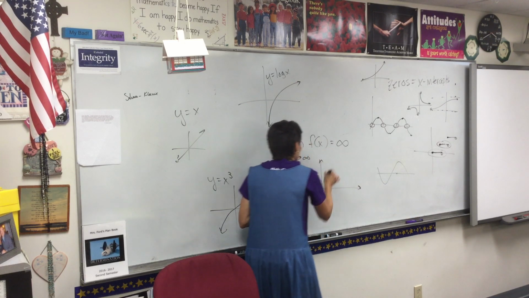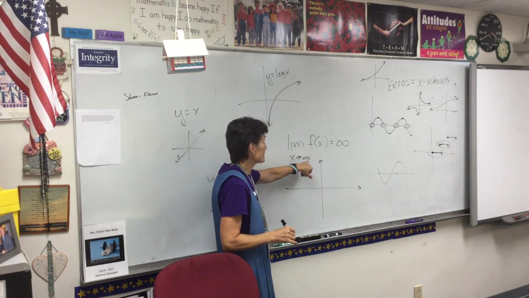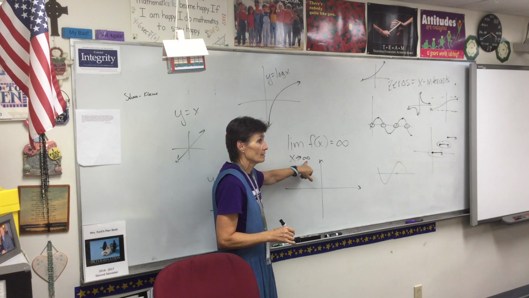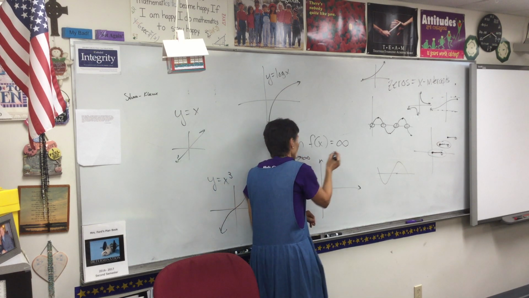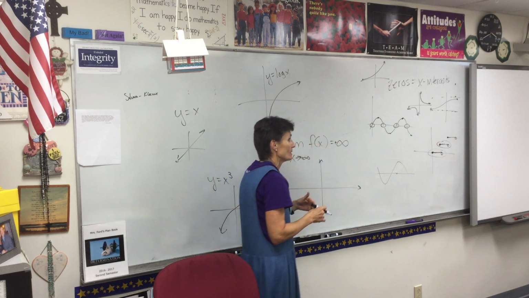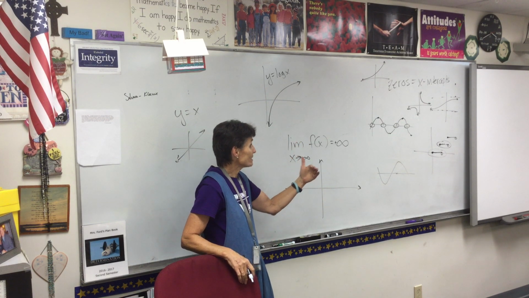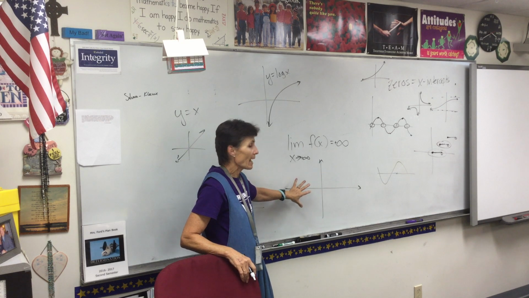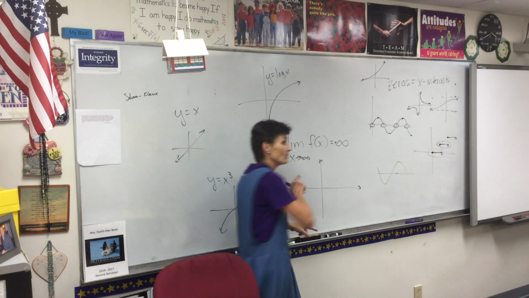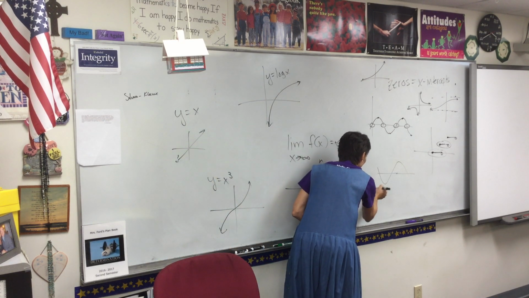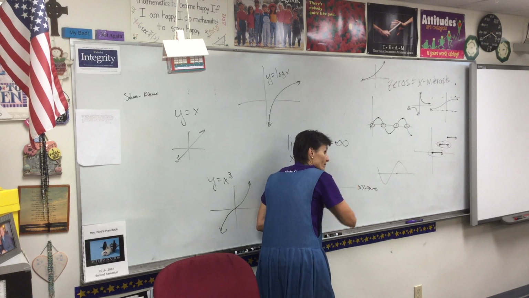here's my graph. As x approaches infinity. Now, these are positives. I don't normally write the positives on the positives, but I put negatives on the negatives. But as we're going to positive infinity, where does that happen on the graph? That's out here. This is x going to positive infinity. It's right here, right?